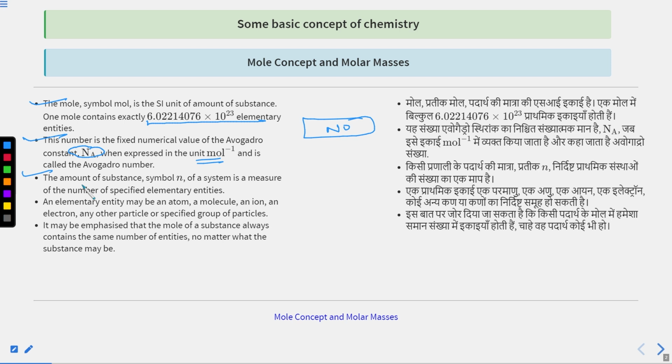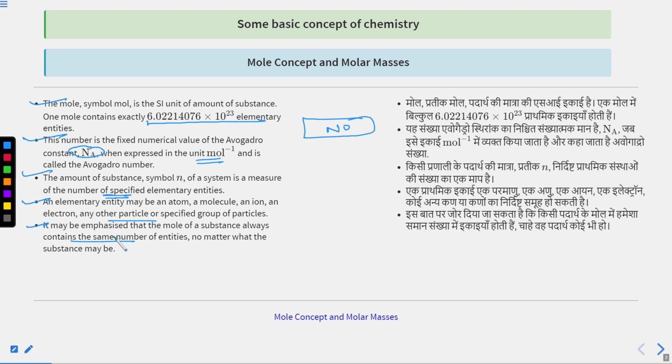The amount of substance, symbol n, of a system is a measure of the number of specified elementary entities. An elementary entity may be an atom, molecule, ion, cation, anion, electron, proton, neutron, or any other particle or specified group of particles. It may be emphasized that the mole of a substance always contains the same number.